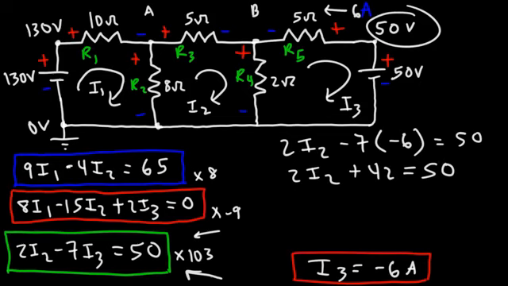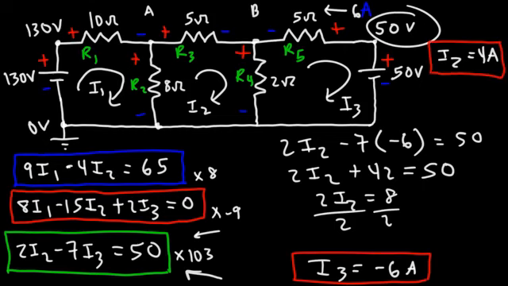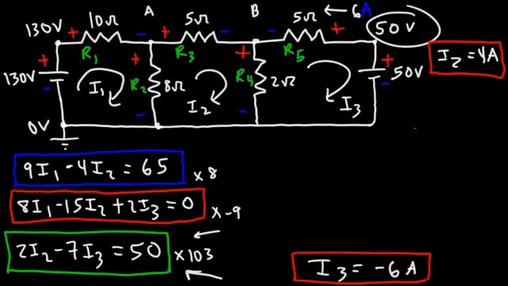Subtracting both sides by 42, we'll have 50 minus 42, which is 8. Dividing both sides by 2, we can see that I2 is equal to 4 amps. So the current flowing through resistor 3, that's going to be 4 amps.